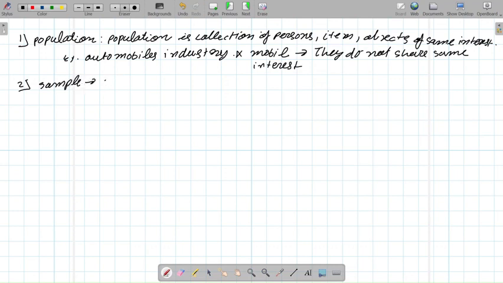Second is a sample. We can say a sample is a portion, or we can say a subgroup, of the population of the same interest.